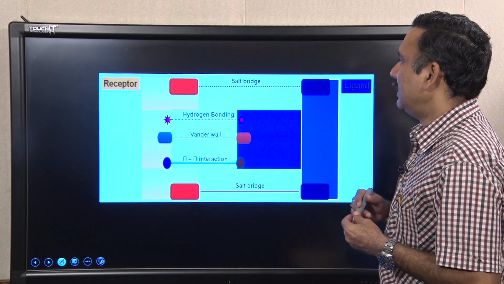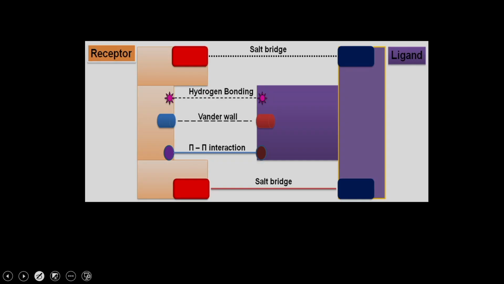As we discussed last time, the receptor and the ligand make a pair, because they share several interactions. For example, the first thing is that the receptor has a 3-dimensional conformation which is exactly complementary to the ligand.